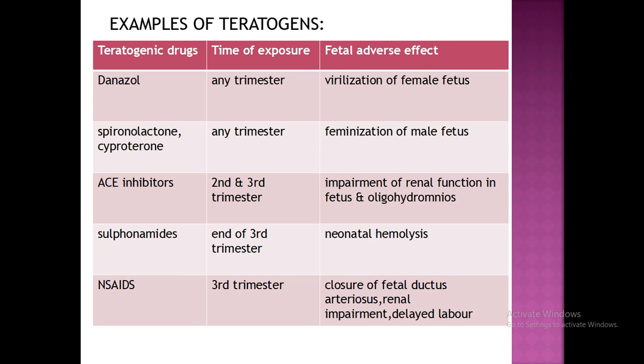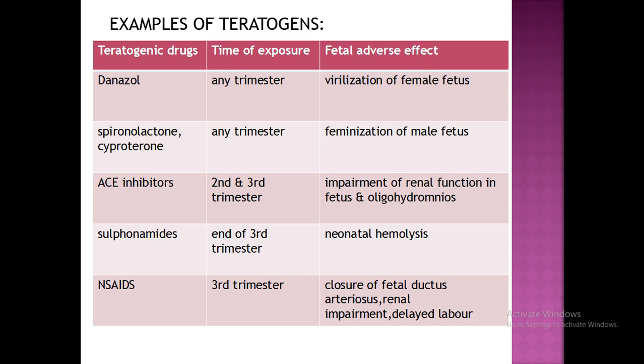At any trimester, first, second or third, if the mother is getting exposed to danazol, it leads to virilization of female fetus. That is, the female fetus completely transforms into a male fetus.